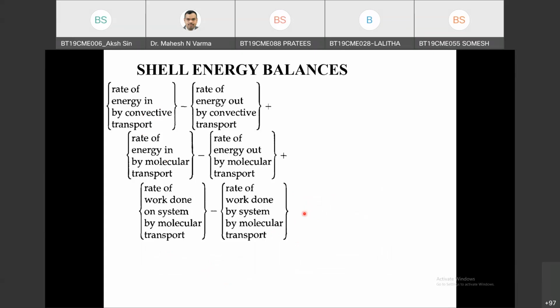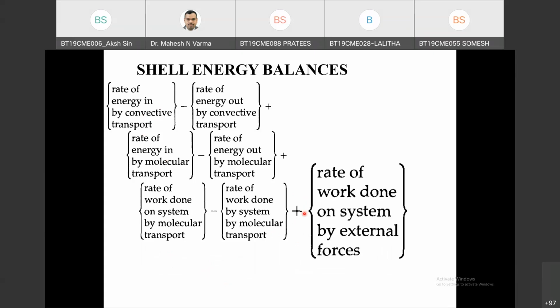Then we have any external agency. So you can have compression, you can have heat addition, you can have heating and everything. At that time also energy will be added. If there is compression, if there is friction, so rate of work done on the system by external forces, any external forces.